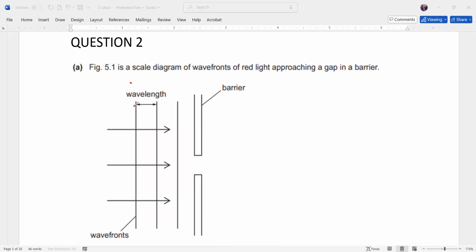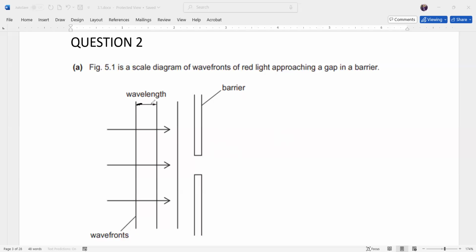If this is a wavelength and this is a gap size, and the wavelength is similar to the gap size or longer, then we'll have maximum diffraction. We don't draw wavefronts like this. I saw one of the students draw like this. This is wrong, because the distance between the wavefronts should also be the same.